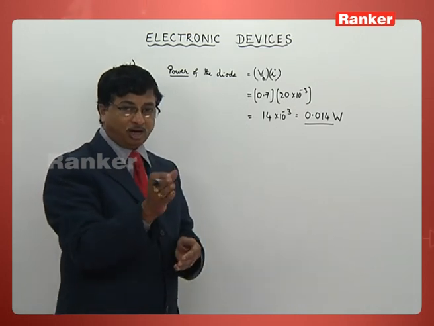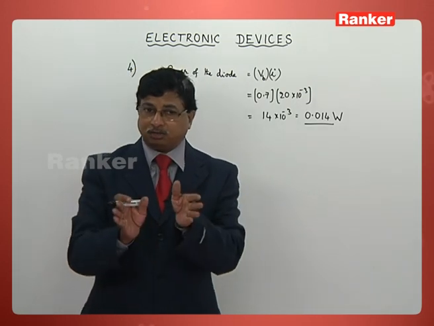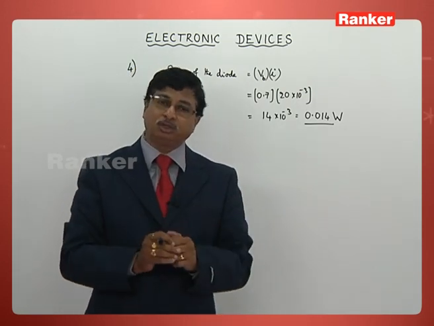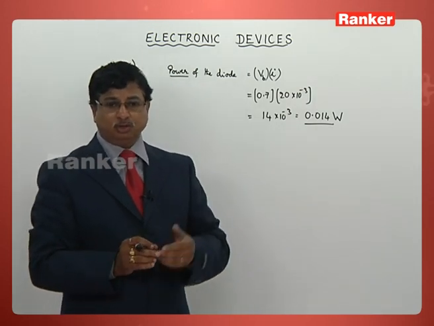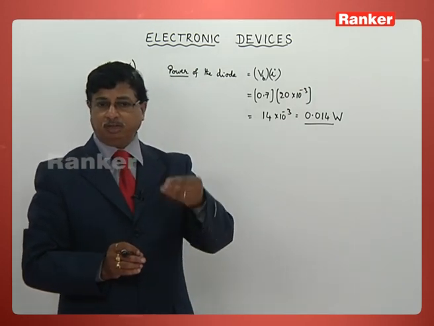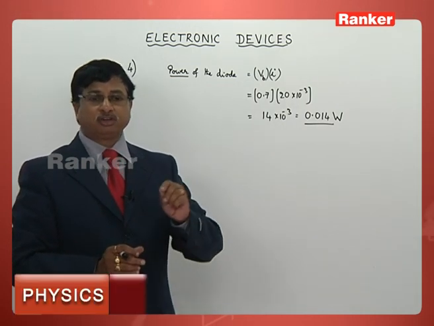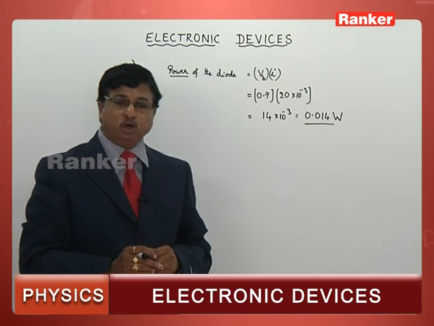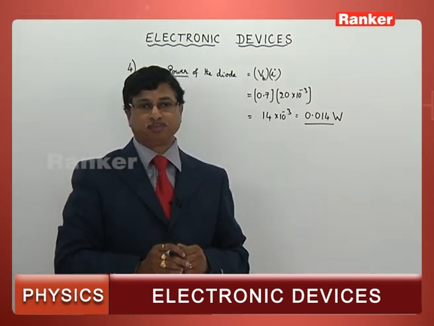But according to the order, the second part of the question asks for the power of the diode, and I have calculated that one first. So you can identify right away that the very first option is going to be the correct value. The first option is 0.044 watt and 0.014 watt.